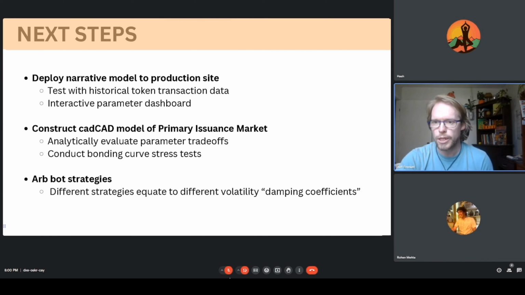We'll also be moving forward with a CAD-CAD model to do more computational analysis, and looking at further arbitrage bot intelligent agent strategies to create different damping coefficients, if we can consider it that way, of price volatility damping and fee generation. So really interesting research to come, exploring these trade-offs between different parameters and understanding how primary issuance markets can solve a lot of the issues of fiat tokens in the crypto and Web3 space today.